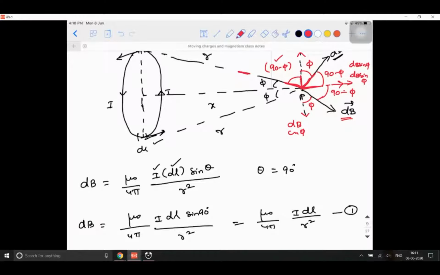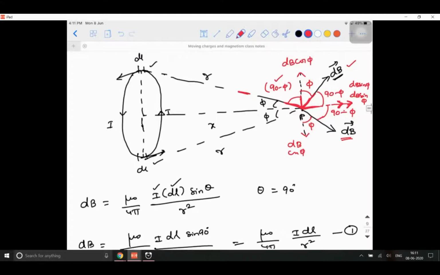Since both the vectors are in the same direction, I have drawn two arrow marks. Now tell me which vector is going to remain and which will get cancelled out. Cos phi will get cancelled because both the vectors are of equal magnitude and opposite direction, whereas dB sin phi is going to get added.